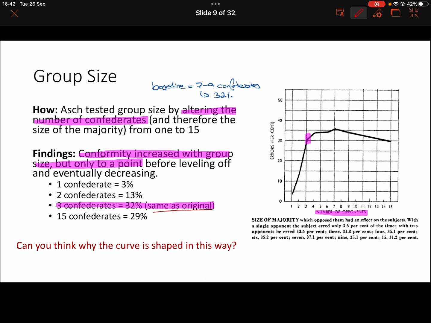And that's the same as Asch found in his baseline study when there were 7 to 9 confederates. So this is really interesting. This means that actually the group doesn't need to be any more than 3 in order for group pressure to exist. Most people are really sensitive to the views of others. Just having 3 confederates is enough to sway opinion.